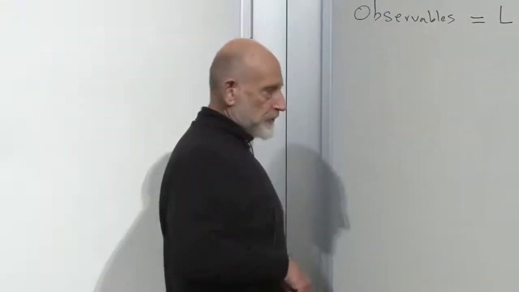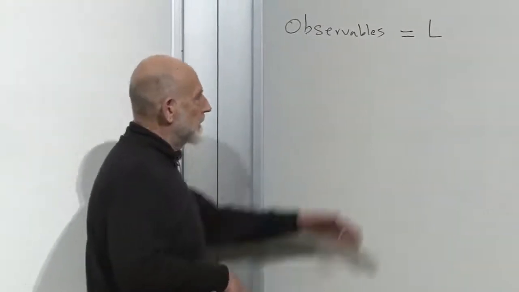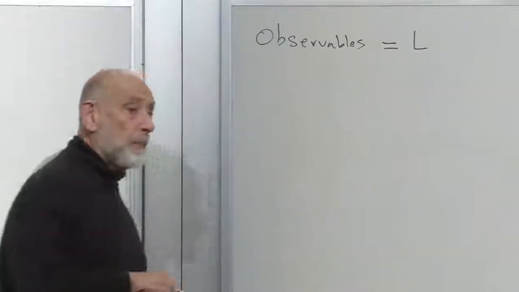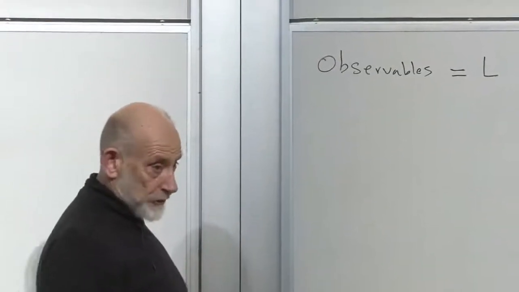The eigenvalues of a Hermitian operator, let's call them lambdas. Lambda is the eigenvalue of L. The eigenvalues represent the possible numerical values that L can exhibit when it's measured.